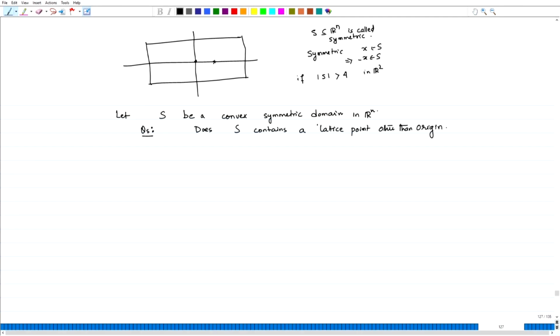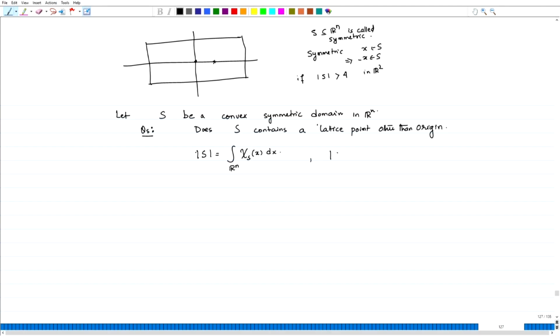Minkowski answered this question by taking, let us say, the volume of S to be the integral over R n of chi of S of x dx. That is what is the volume.